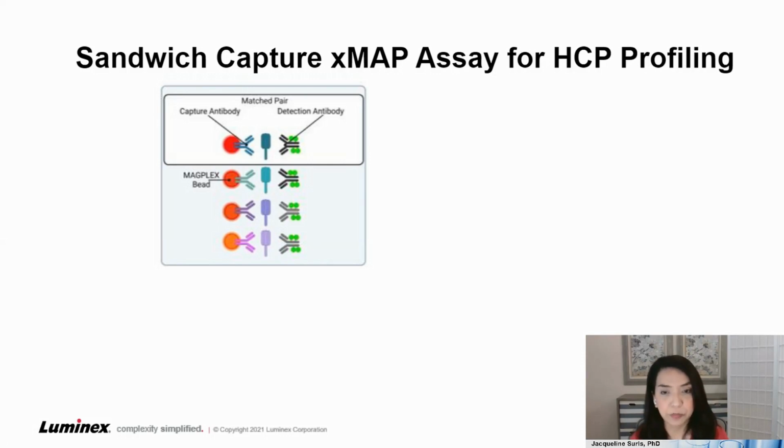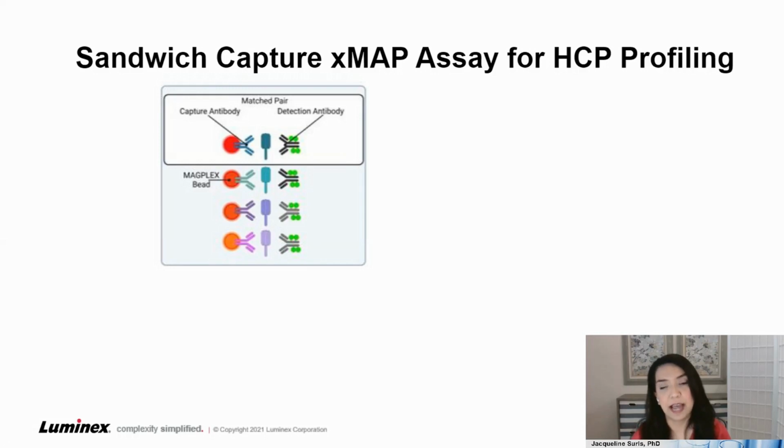This is very similar to an ELISA, but the advantage of our xMAP bead technology is that it has a very good tolerance to matrix effects. So typically what you will see with our technology is reduced backgrounds, very clean backgrounds. Oftentimes we'll see better sensitivity.